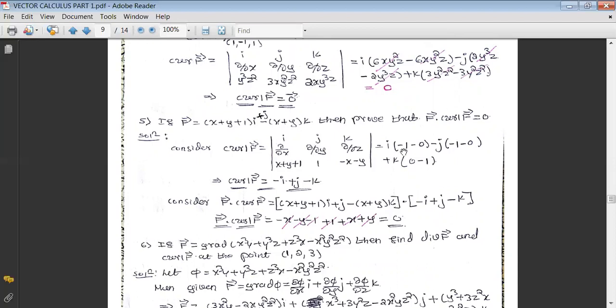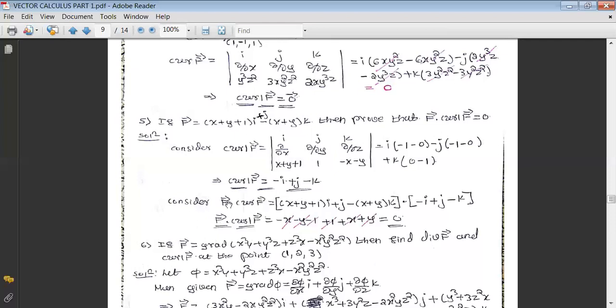If we expand this, for i we get minus 1, with respect to this 0. Minus j, leave this one: with respect to x minus 1, again it is 0. Plus k, leave this row, leave this column: this is 0, and this becomes minus 1. Therefore the curl of f bar is minus i plus j minus k.